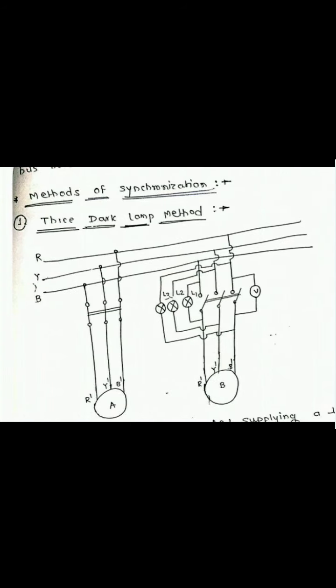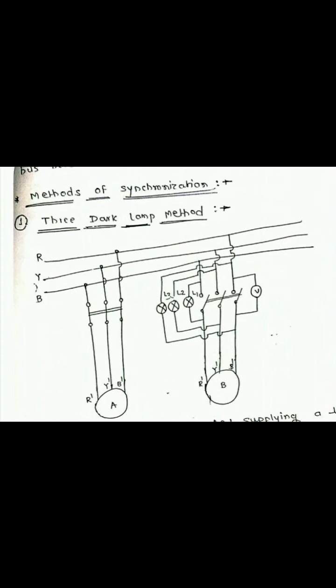The fifth one, the alternators should have reactance in their armature, otherwise they will not operate in parallel successfully. And the last condition for the parallel operation of alternator is the phase sequence of the alternators should be the same.